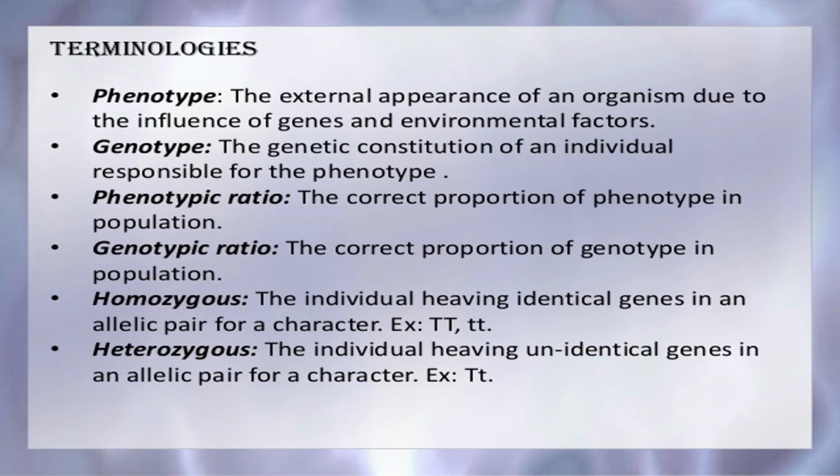So there are different basic terminologies which we must know before going into the details of Gregor Mendel's experiments. For example, what is the phenotype? That is the external appearance of an organism due to the influence of genes or genotype and environmental factors.